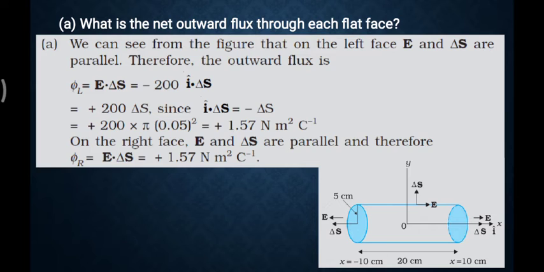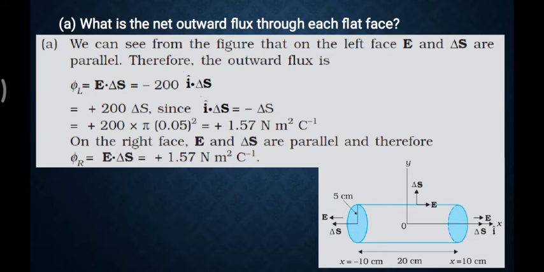So the outward flux from the left hand side is E times delta S, where E is equal to minus 200 i into delta S. Here i cap is a vector and delta S is a vector, and i is in the negative direction, so it becomes plus 200.